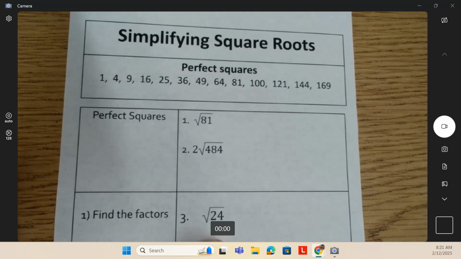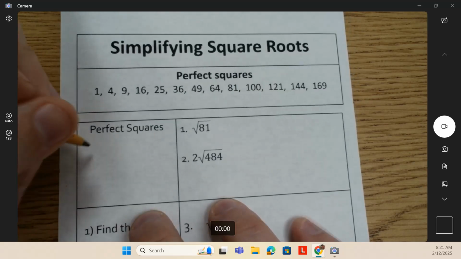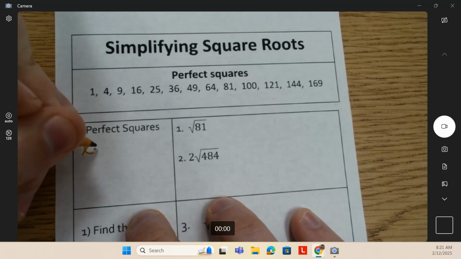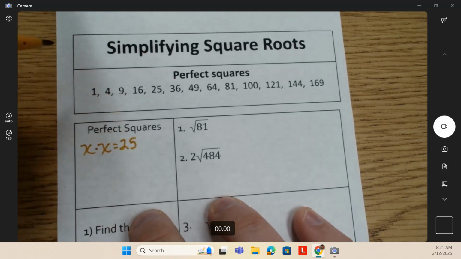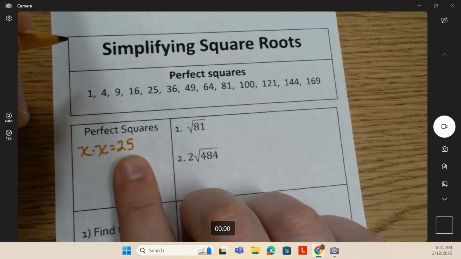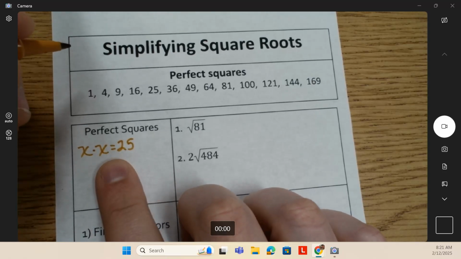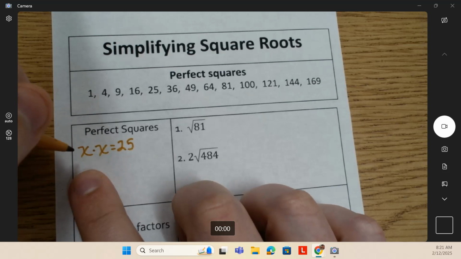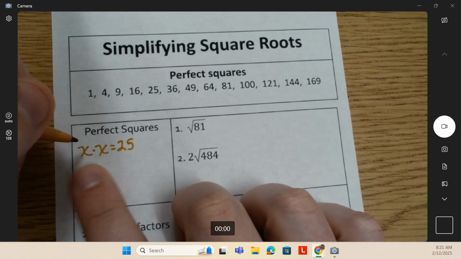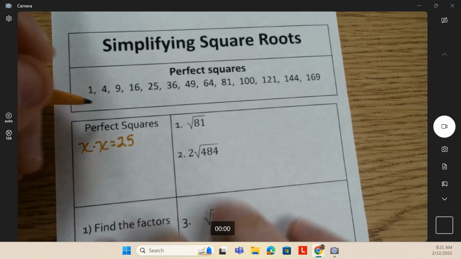So a couple things to remember when we're looking at this. If I said, for instance, x times x equals 25, and we were trying to figure out what x is, I'd be figuring out what multiplies by itself to equal 25, which should be just 5 and 5. So x would be 5.